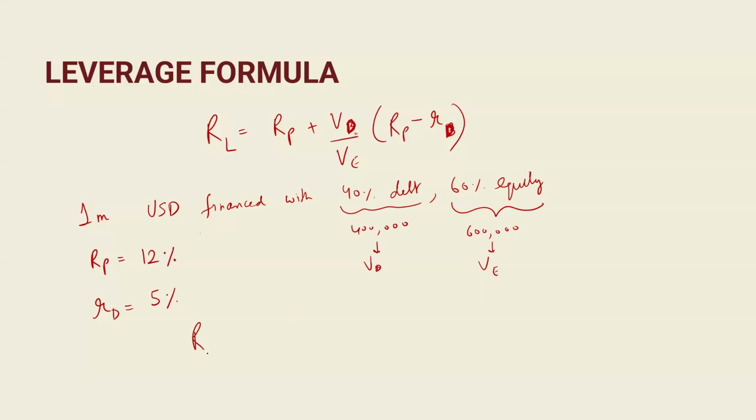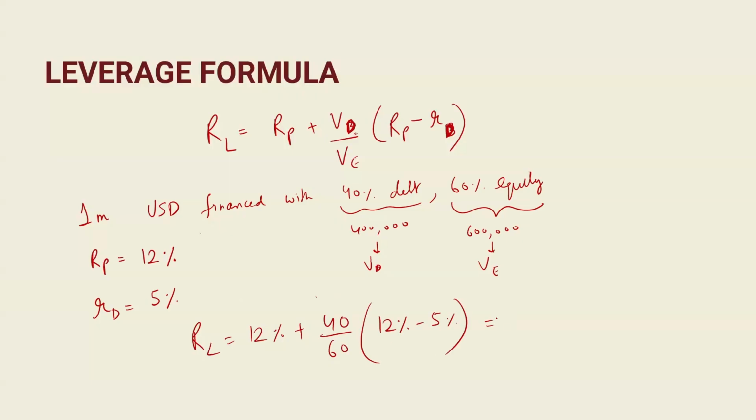So RL is equal to 12% plus VD by VE. I don't even need to write the actual numbers, even if I write 40 by 60, that's okay, completely fine. I can write 400,000 by 600,000, whatever, it's completely fine. So let me just write 40 over 60, 12% minus 5%.